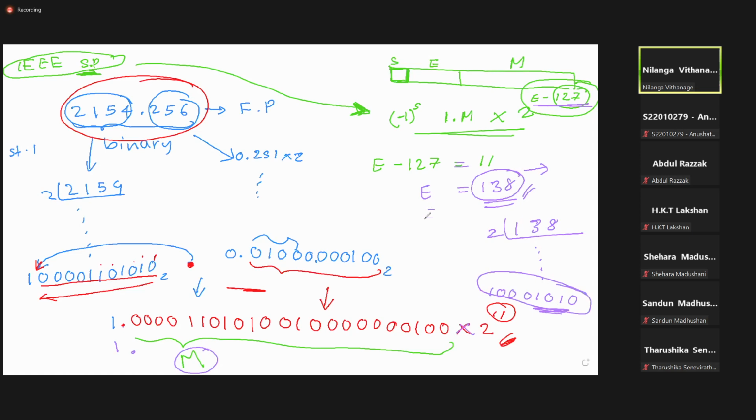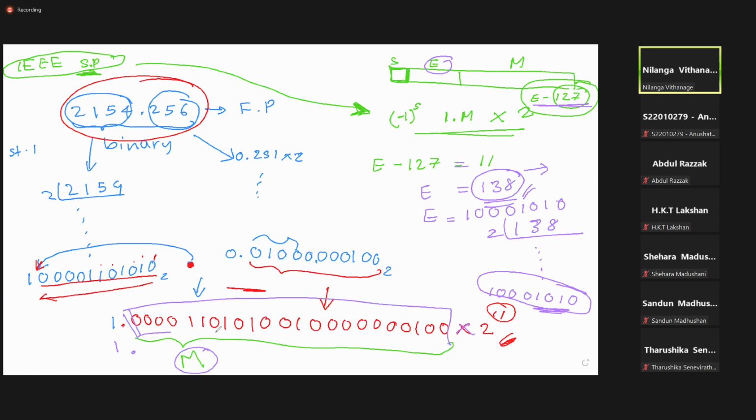So E means this exponent. Exponent is 10001010. Then mantissa means this number, from here. So we took this number as M, that is mantissa.